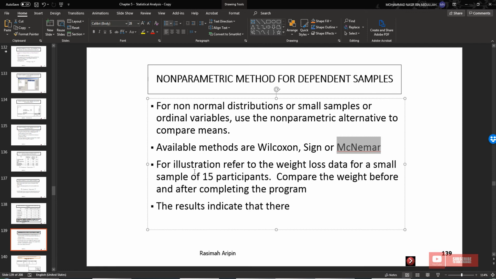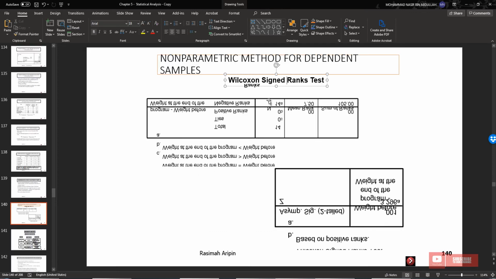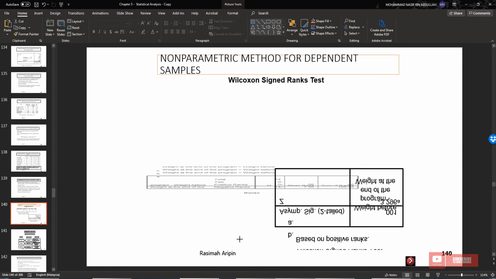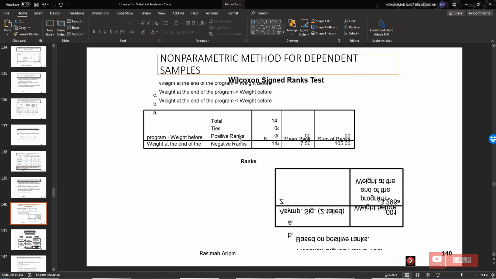Why do we use the Wilcoxon test instead of the paired sample t-test? Because the difference between two variables is not normal. When the difference is normal, you use the paired sample t-test. When it is not normal, use the Wilcoxon signed-rank test or sign test. So this is the result from SPSS. It's flipped, I don't know why.